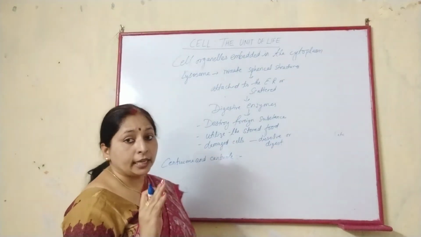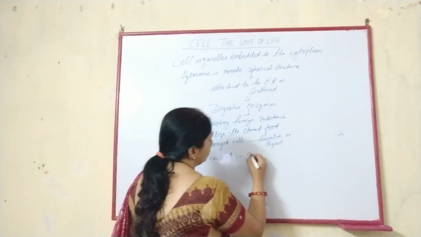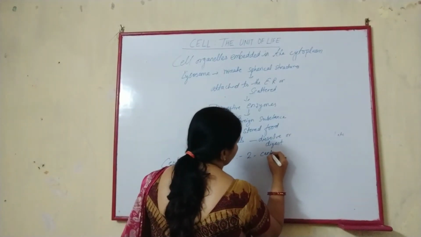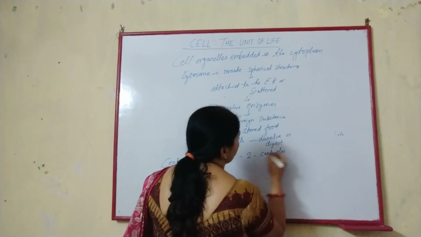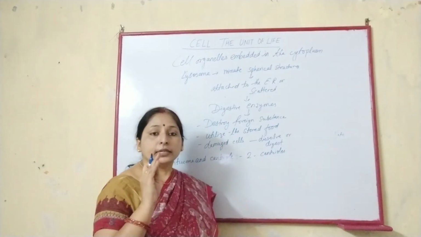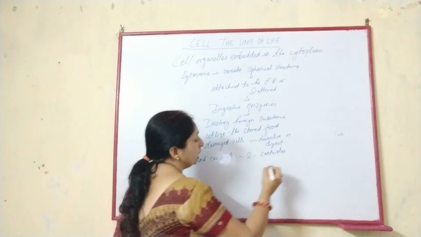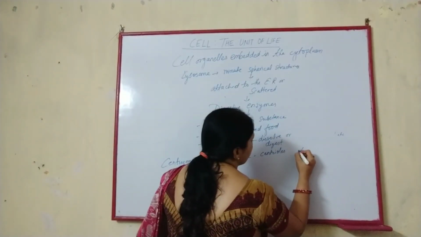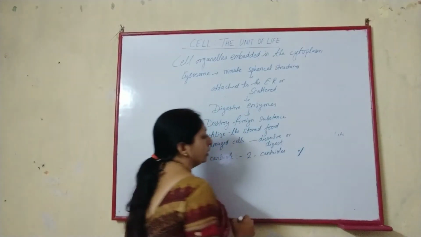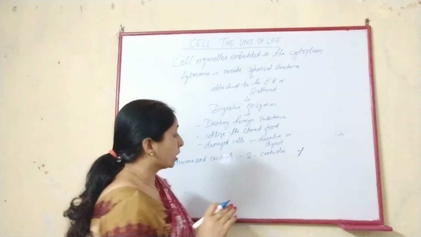Centrosome contains two centrioles at right angles to each other, and since they are at right angles to each other, it gives this type of appearance in the microscopic view.